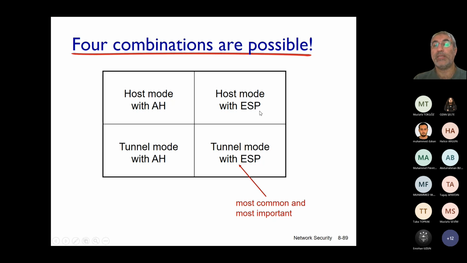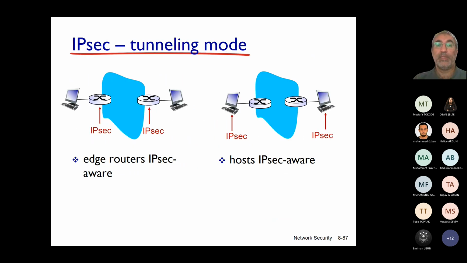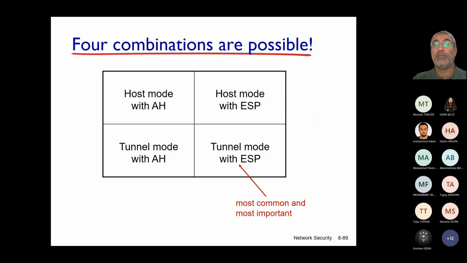The third combination is tunnel mode with the AH protocol, and the last combination is the tunnel mode with ESP.